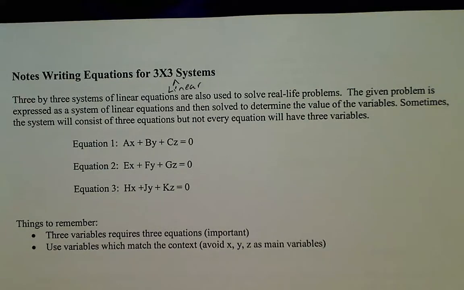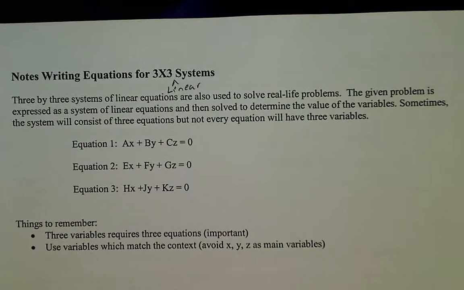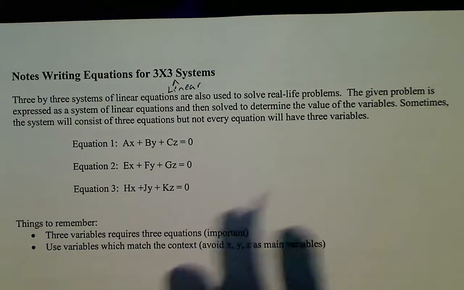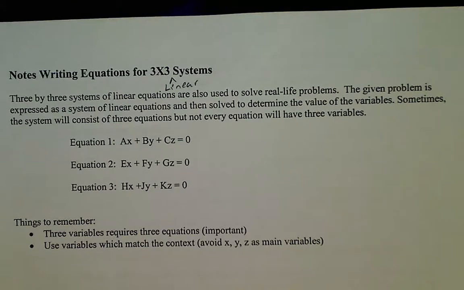So the nice thing is that when we do these, similar to the linear quadratic systems, we're still looking for the points of intersection. The difference is this: we are no longer dealing in just two-dimensional space. We're dealing in three-dimensional space now.